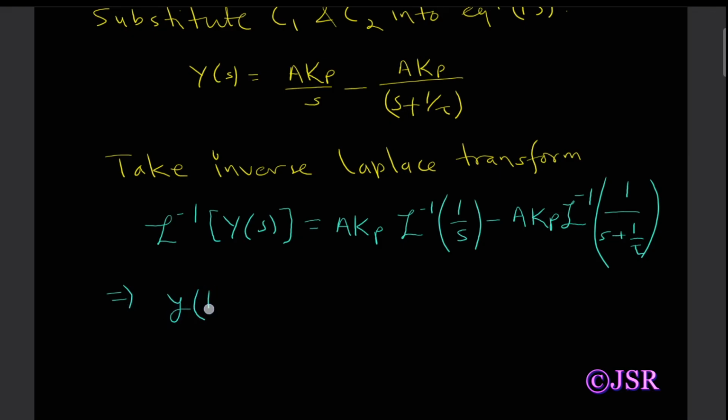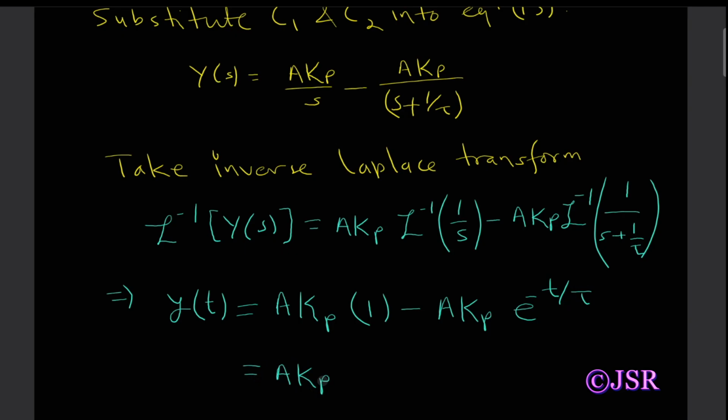So this will be small y of t, and this will be a kp, this will be 1, and this a kp e to the power minus t upon tau.